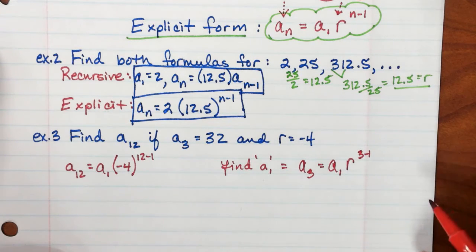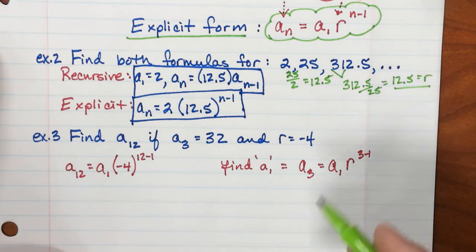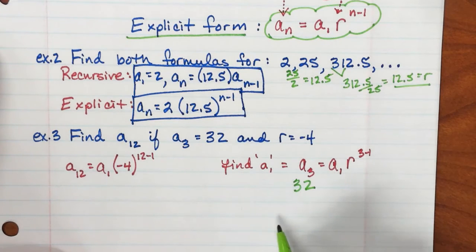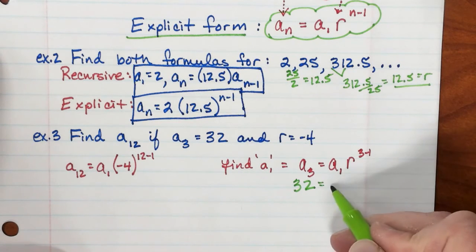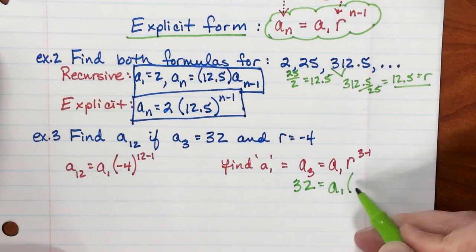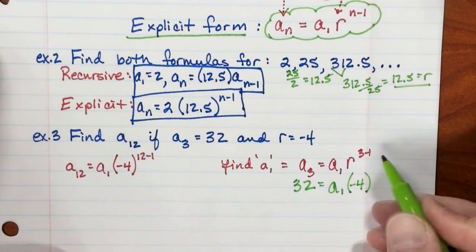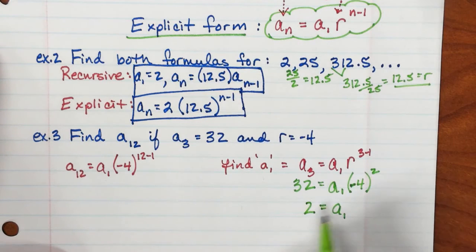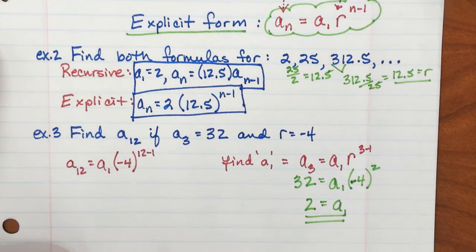Well, let's plug in what we know. We know that this is 32 because it tells me in the problem. I don't know a sub 1, but I do know r is negative 4, and that's going to be squared. Negative 4 squared is 16. 16 into 32 is 2. So we got our a sub 1. We got the first term.